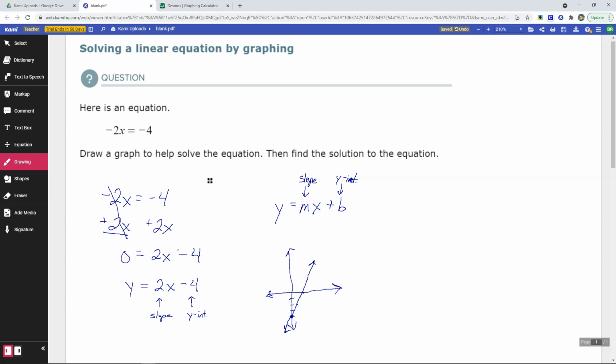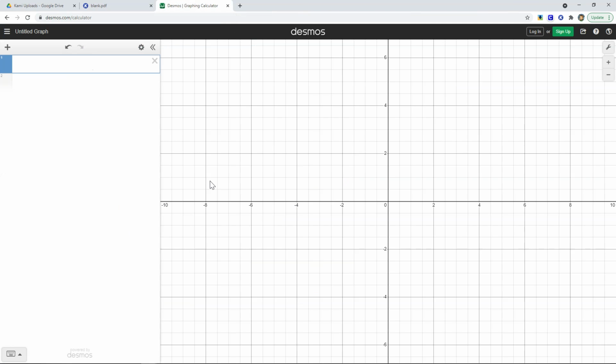Now to find out exactly what our graph looks like, we can use our Desmos graphing calculator and write in y equals 2x minus 4. And notice that we do get a point at (0, negative 4), where the y-intercept is, a slope of positive 2 over 1, which then gets us to (2, 0).